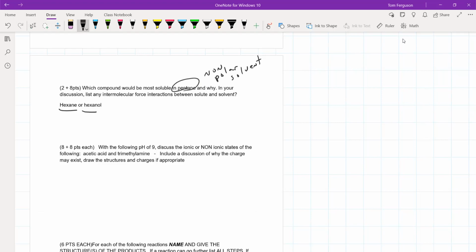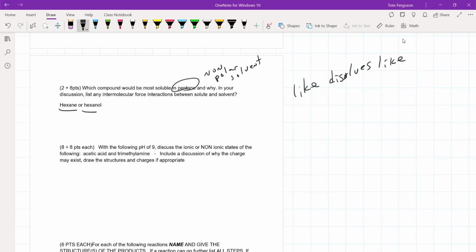So like dissolves like. So which is most like pentane, hexane, or hexanol?